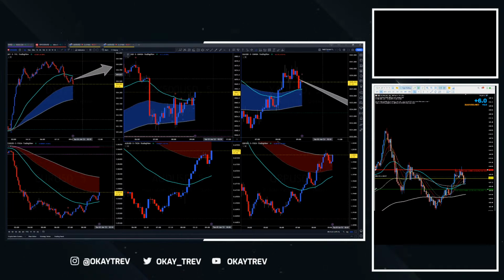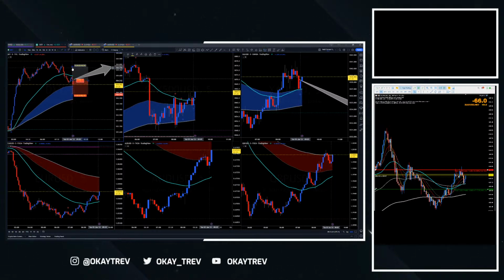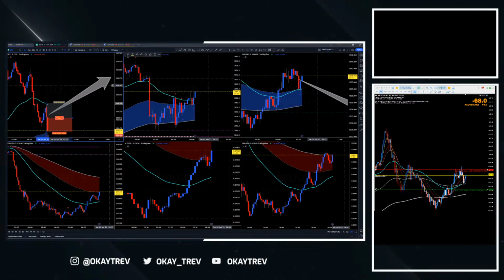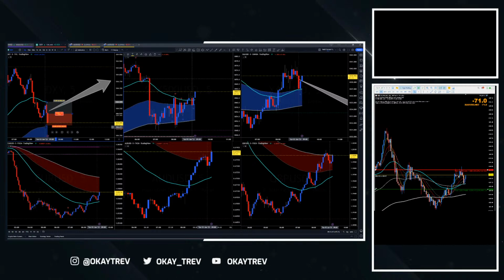The EMAs for me are a visual representation of the structure. So when I see price reacting like this off the aqua EMA, and I see the next EMA obviously is the 100 in this case, this is the price range. So this is what I would have to play 1-to-1, nothing less, because when it gets to this next level right here, this is an area where it could potentially respond.